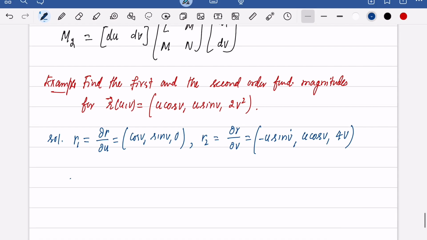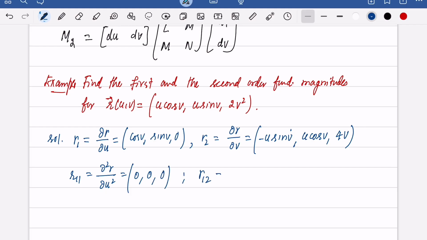And r11, which is ∂²r/∂u². This is the derivative of r1 with respect to u. Now cos v has derivative 0, sin v has derivative again 0, and the third is again 0.